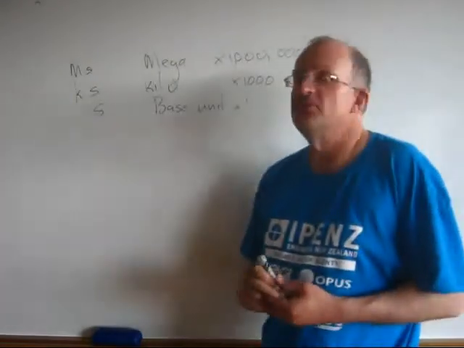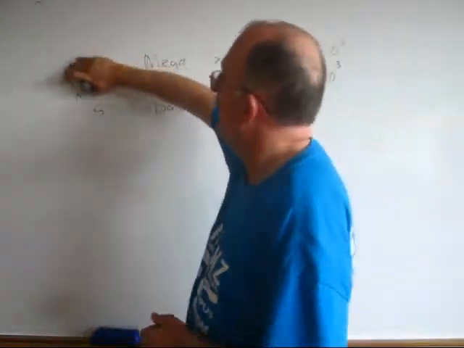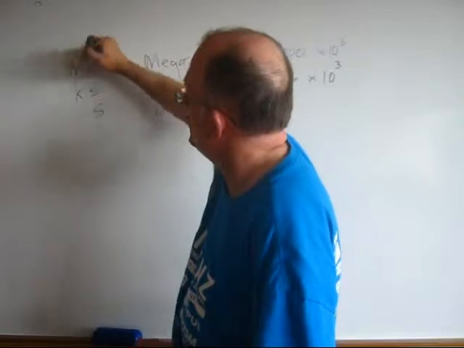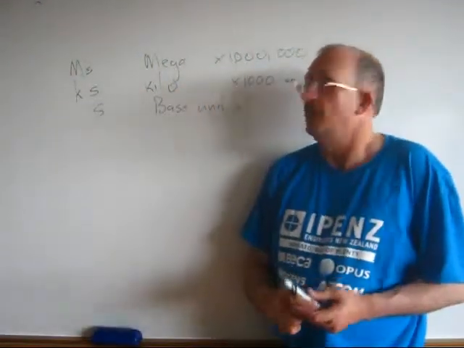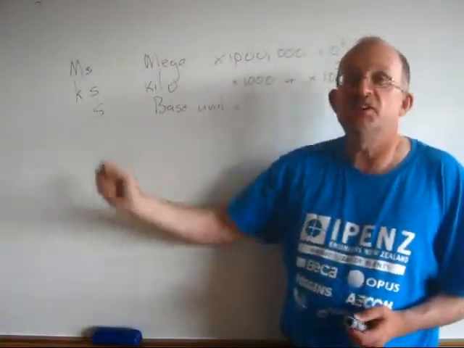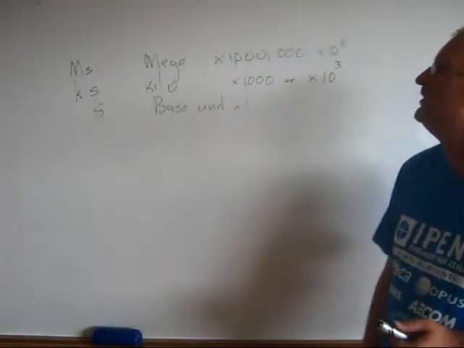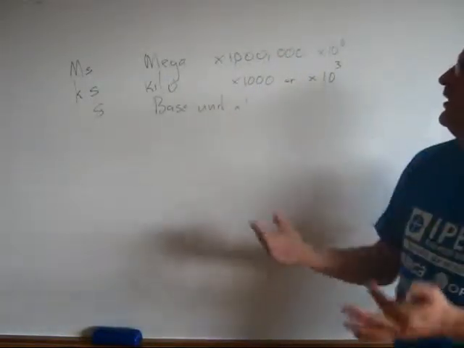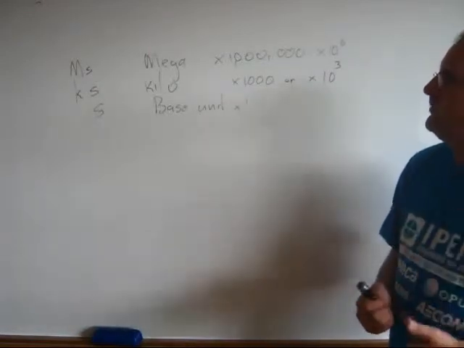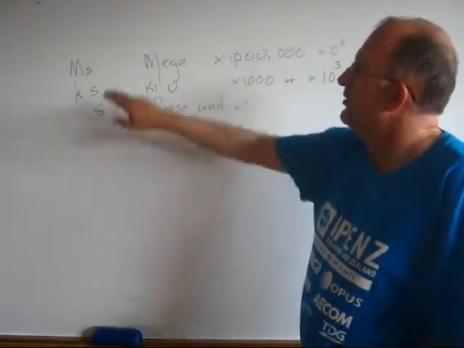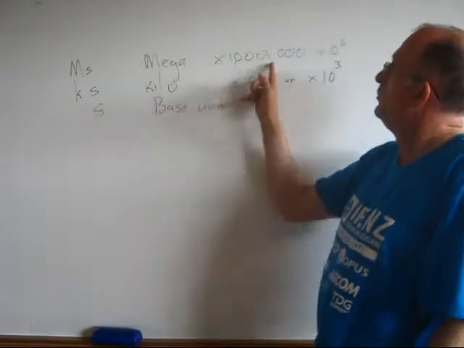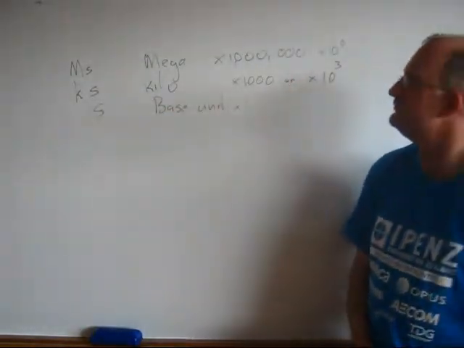So if I was going to convert from megaseconds, okay, you have to make sure that's a big capital. If I'm going to convert from megaseconds to seconds, I have to multiply by 1,000. If I'm going the other way, I'll divide by 1,000. But, so, 1 megasecond has 1,000,000 seconds in it.